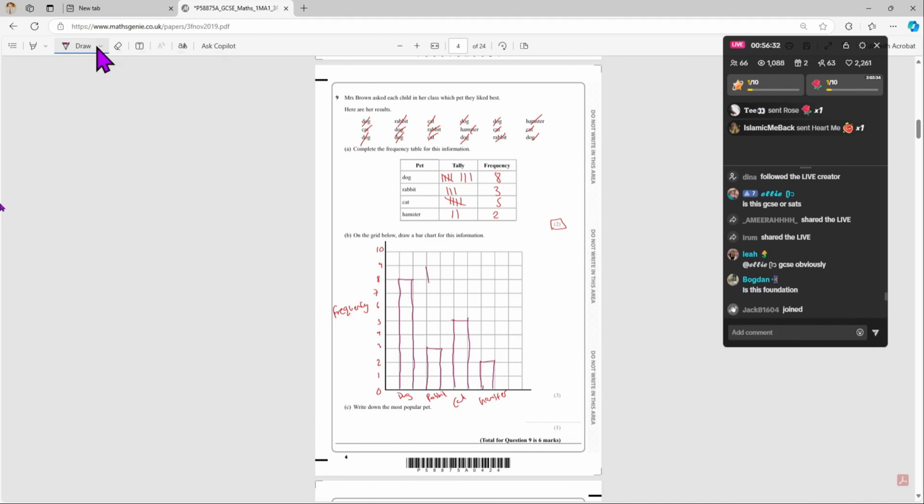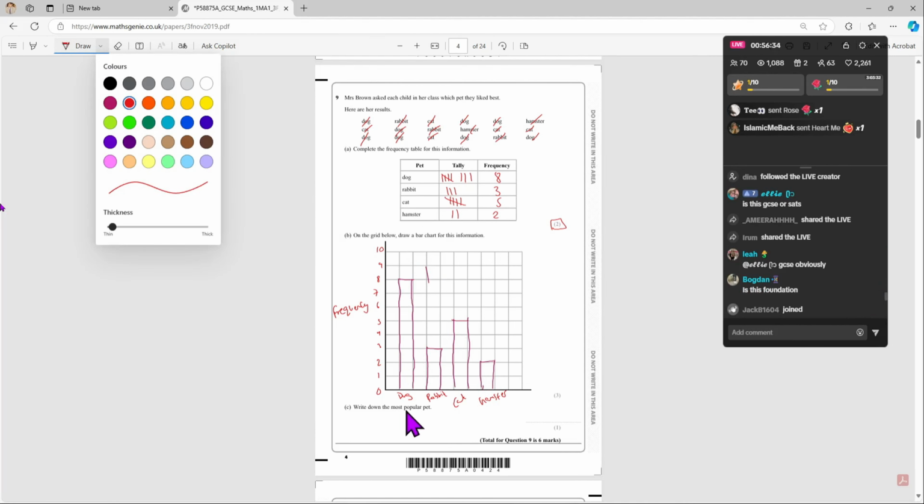Okay, now for part C, you are asked to write the most popular pet. So in the chat, tell me what is the most popular pet according to this table and this graph.